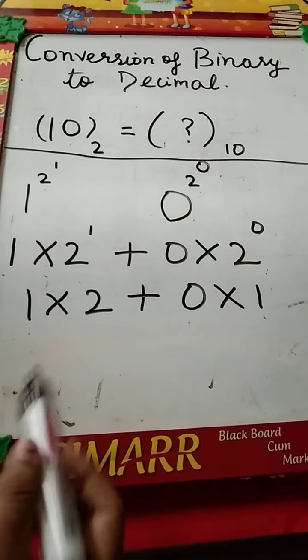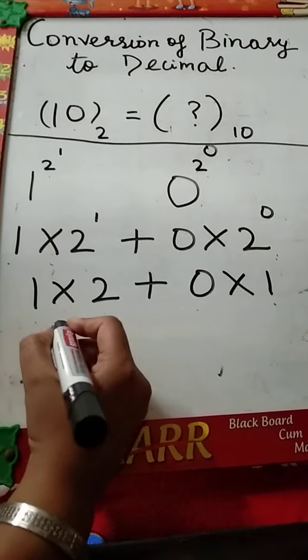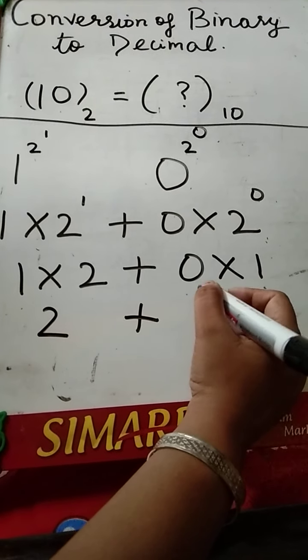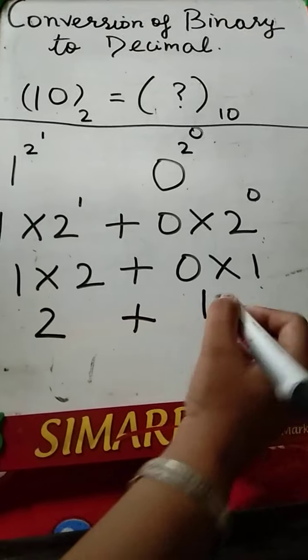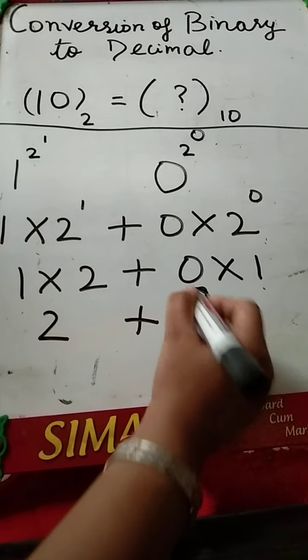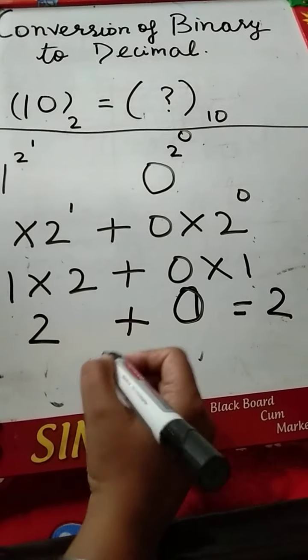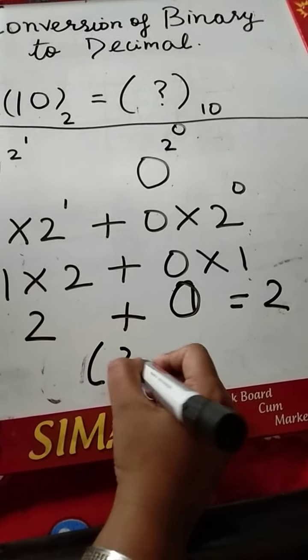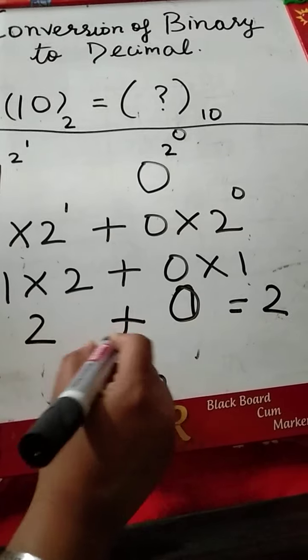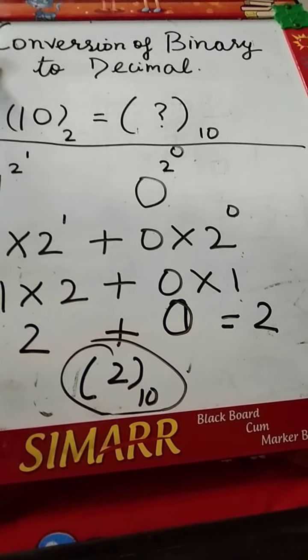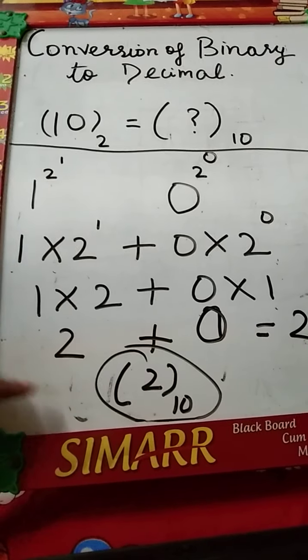Now we have to solve it. 1 multiplied by 2 is 2, plus 0 multiplied by 1 is 0. Now we can add it, so our answer is 2. So in this way we have to convert the binary number into a decimal number system.